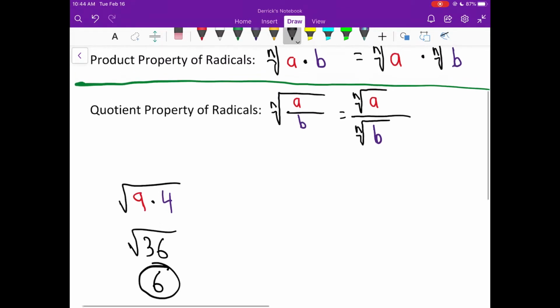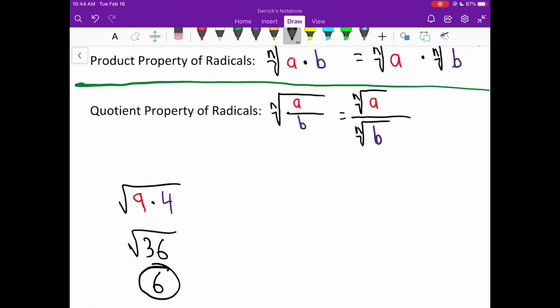Your other option, though, and that's what the product property of radicals is saying, is you could instead look at this as you have a square root of 9 and you have a square root of 4, and after you've square rooted them, you can multiply them, meaning instead of multiplying first, square rooting after, you can square root each term separately and then multiply.